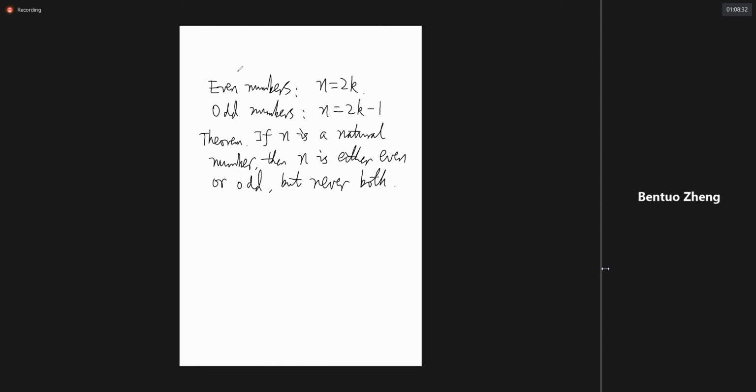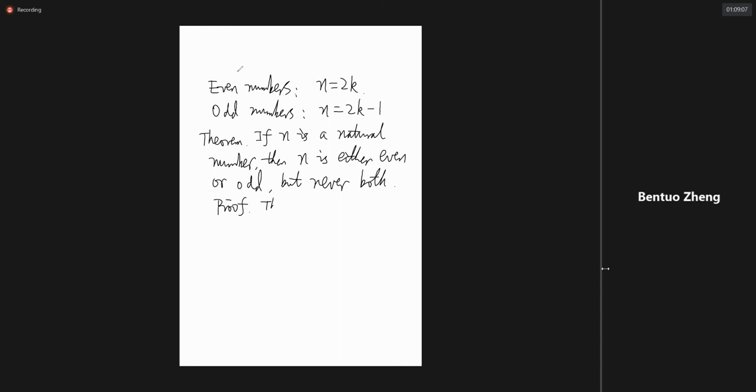So we actually want to prove two things. The first is that we take a natural number and show it's either even or odd, and second, show it can never happen at the same time. Proof.